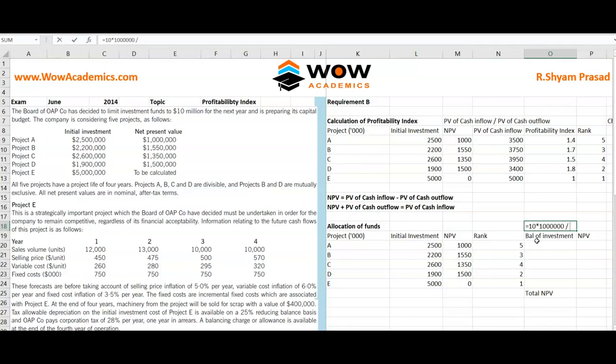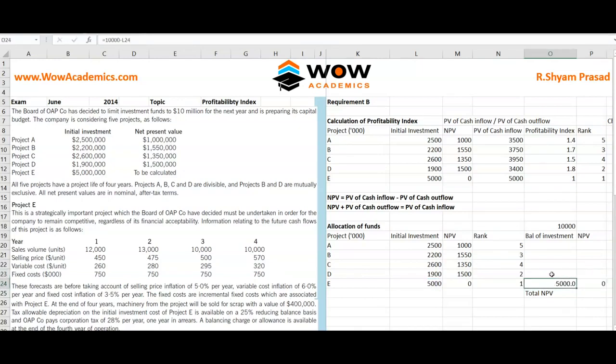So we have to divide it by thousands. We are calculating in thousands. So we have a capital of 10,000, and we have to spread it across these investments in this ranking. So first we'll spend our money here. So we have in hand 10,000 minus, if we invest in this, we are going to have a balance of 5,000 in hand, and the NPV that we'll get is 0 because it's a strategic project.